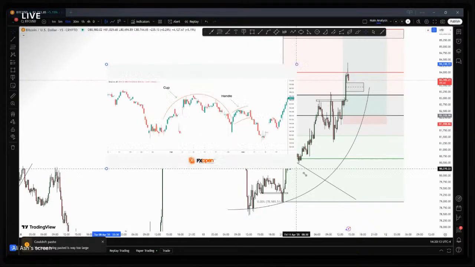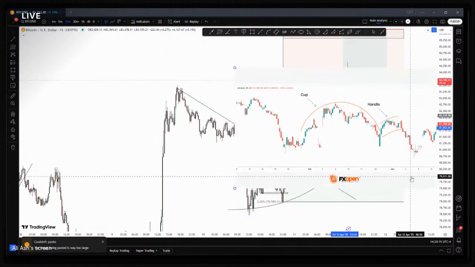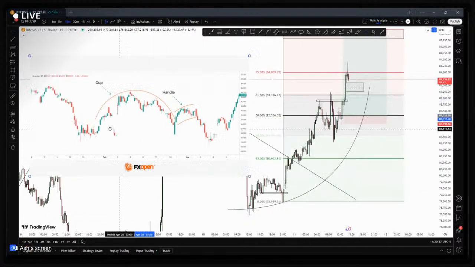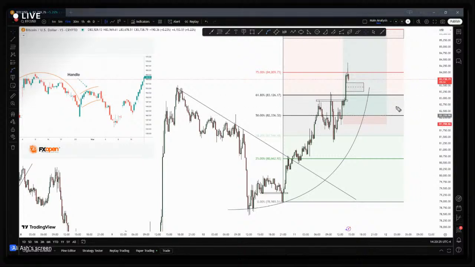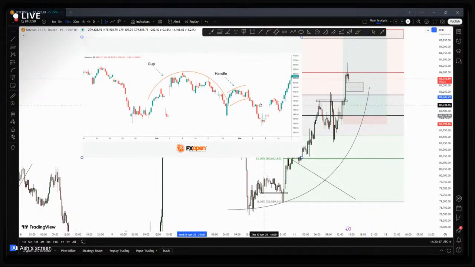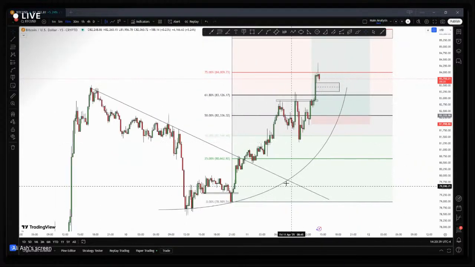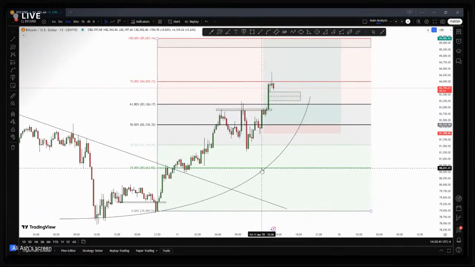So this is the inverted cup and handle we are seeing. We have this cup, then this handle, this neckline, and now this is the direction of the market.